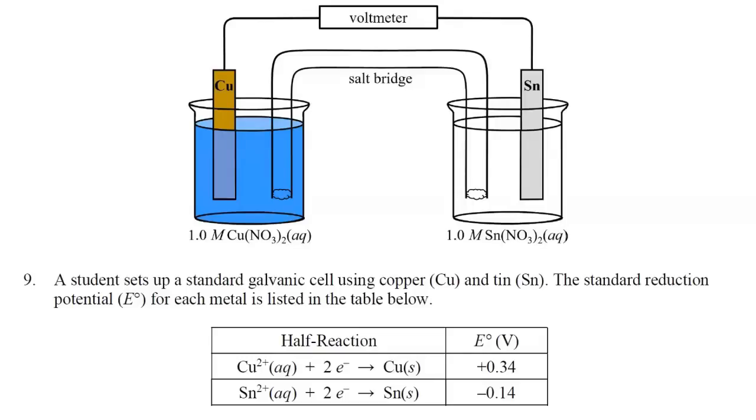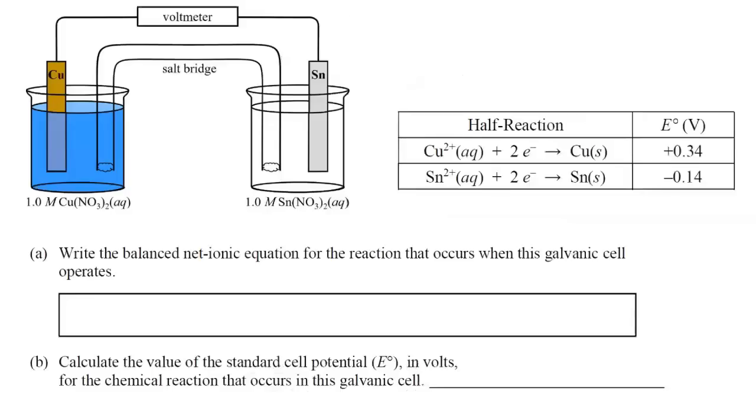So just like we did in question 8, we are given two half reactions, and we're going to have to flip one of these half reactions so we can have a reduction and an oxidation occurring in this galvanic cell. Which half reaction we reverse is related to making sure that when the two half reactions are added together, the overall cell potential will be a positive value.